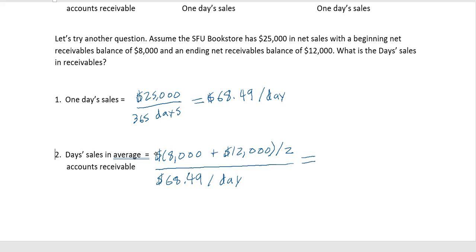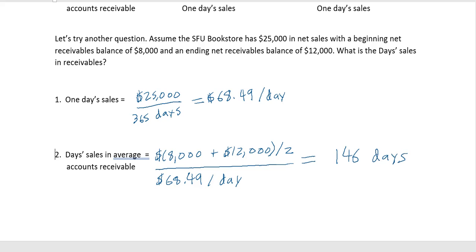Up top, you have 8,000 plus 12,000 as your average AR balances, beginning and end. Divide the sum by 2 and divide by 68.49 per day, and you should get a rate of 146 days.